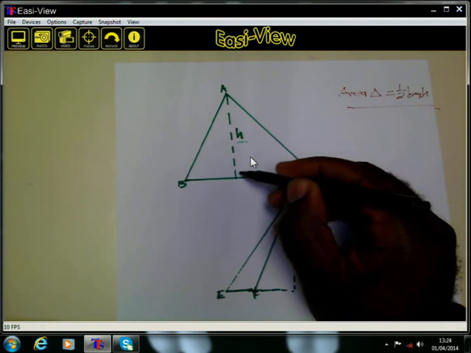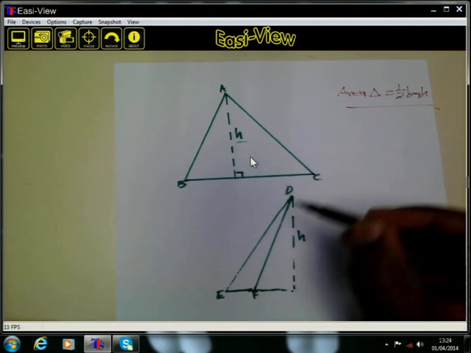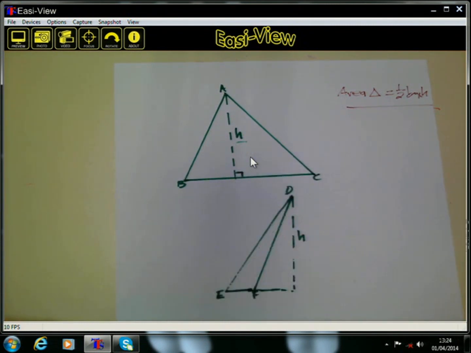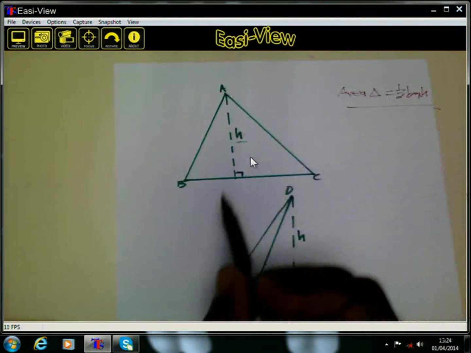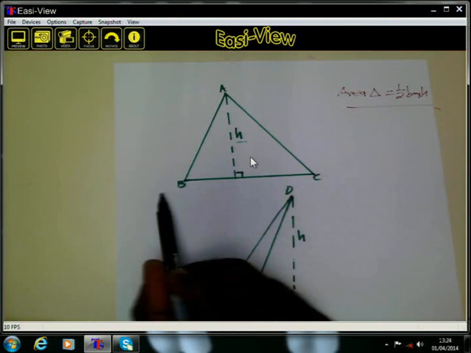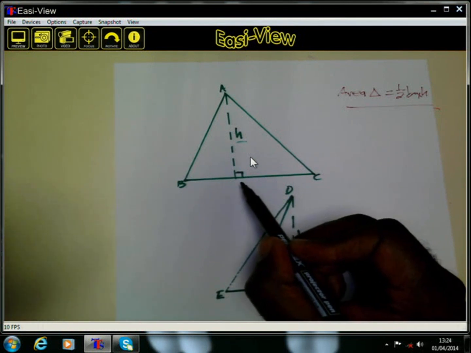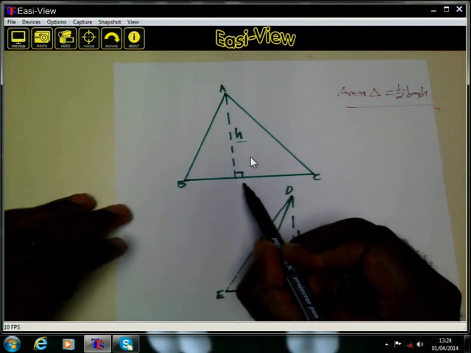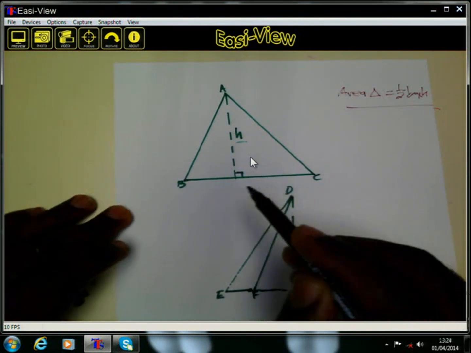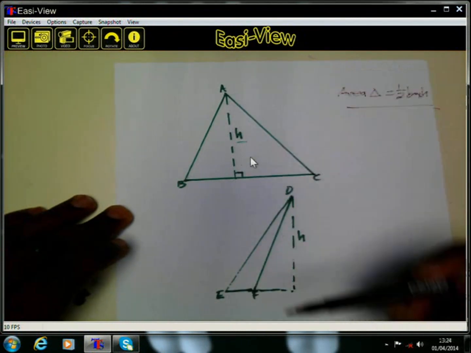Because this is the height that must always be perpendicular to the base, such that the angle there is always 90 degrees. When you draw such a line, that line must be perpendicular to the base BC, and between them the angle is equal to 90 degrees. So this is going to be our perpendicular height.